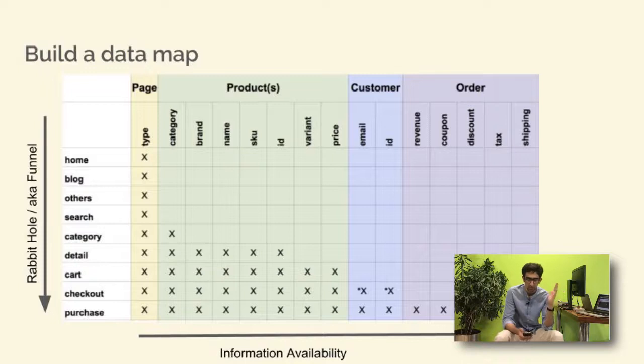So if you look at that data map, we have pages, and for each of those pages we have different types of information that becomes available, and from that, you effectively have this information availability. The further you go down into the funnel, the more there is. This could be applied to other websites as well, but for e-commerce, I think this is a very good way to think of the data map.